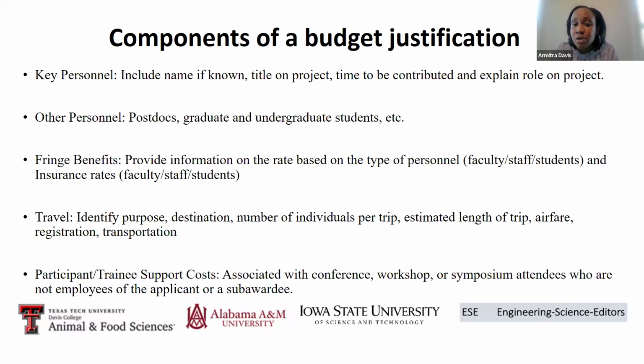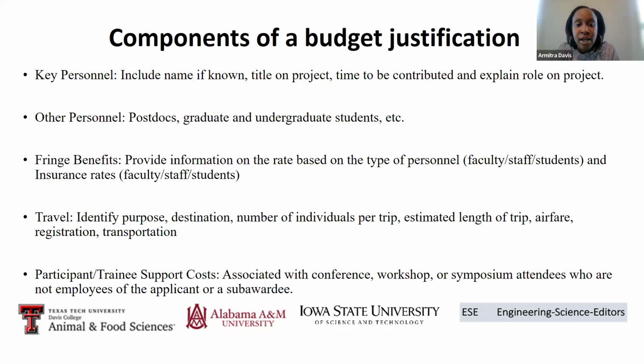The number of individuals per trip, because the more individuals that you want to participate, the higher your cost would be. Estimated length of the trip, airfare, registration costs, transportation, how you're going to get there, even your lodging is important as well. So this particular section will look different for individuals depending upon what your objectives are.